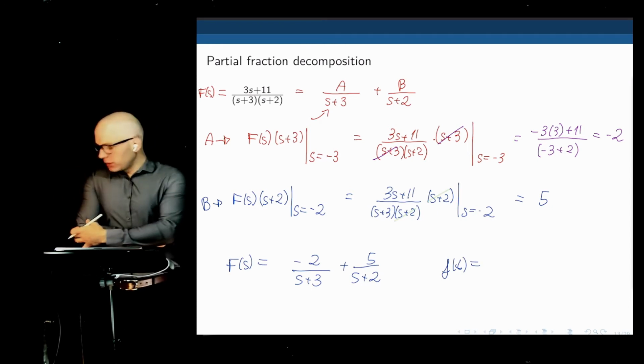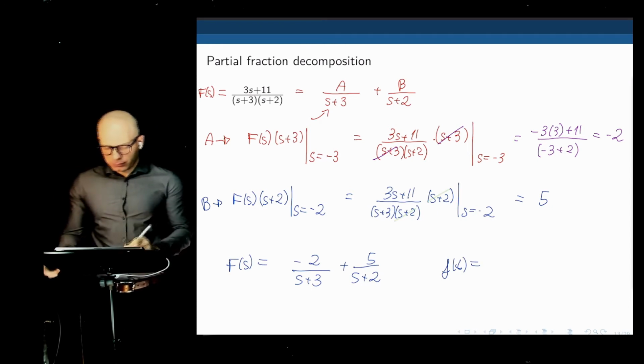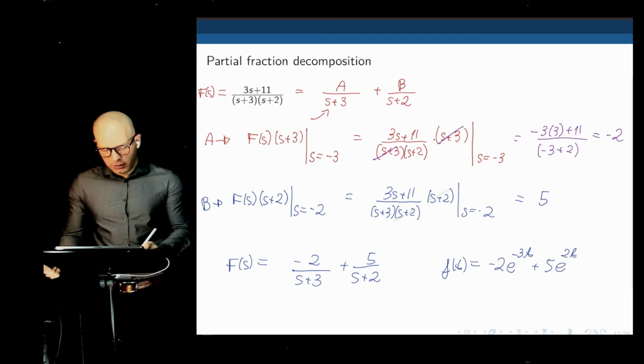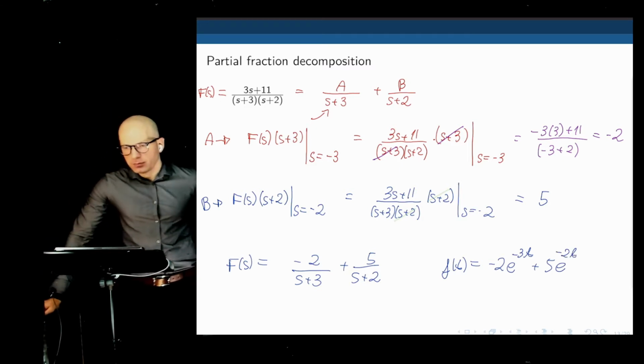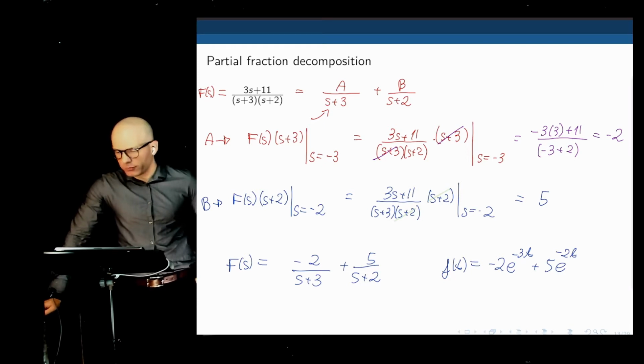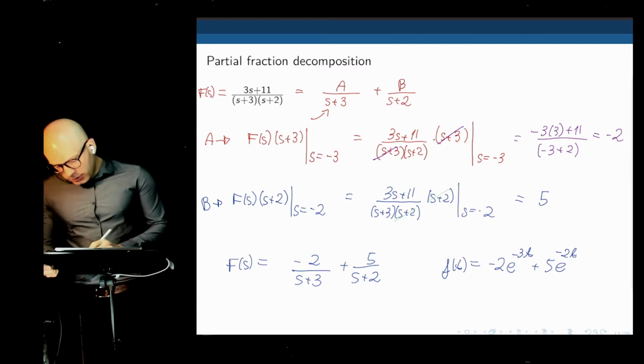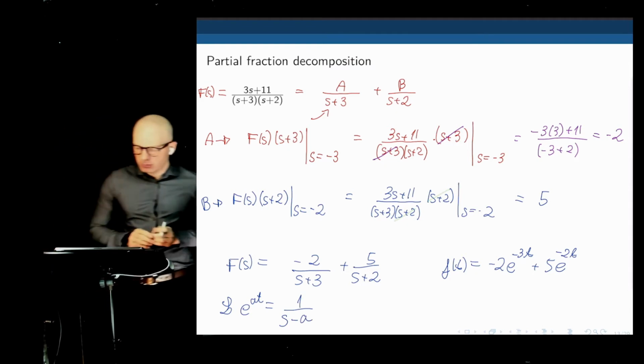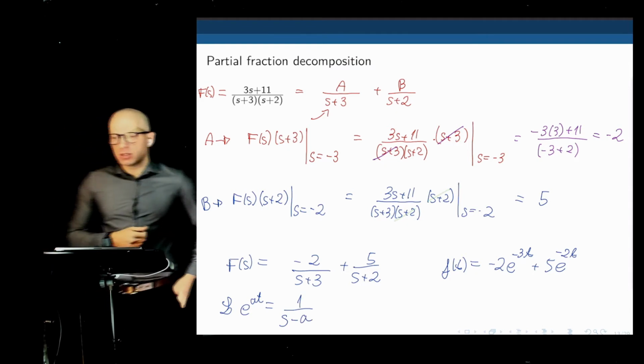F of t, if you look at the table of Laplace transforms, would be -2 exponential of -3t plus 5 exponential of -2t. This will come from the table of Laplace transforms. We know that the Laplace transform of exponential of at is equal to 1 over s minus a. Now we are doing the inverse in this case.